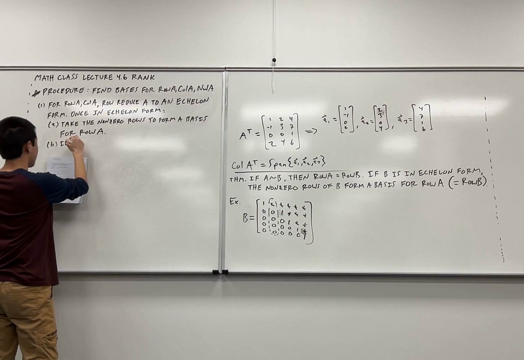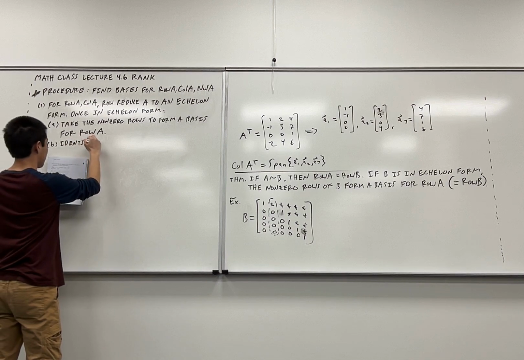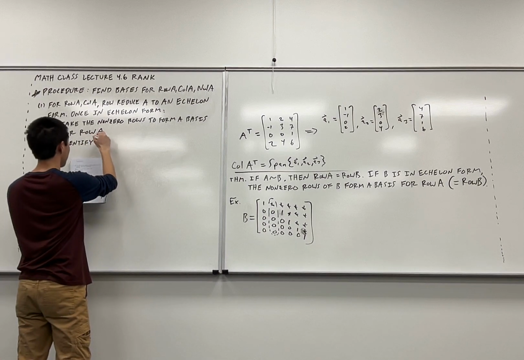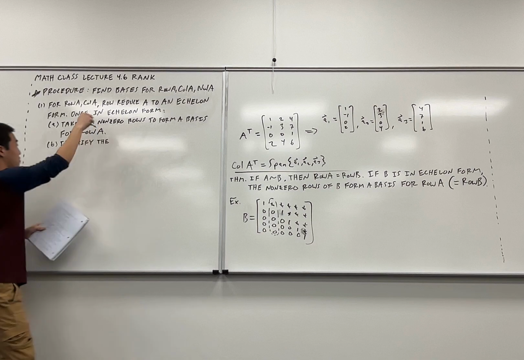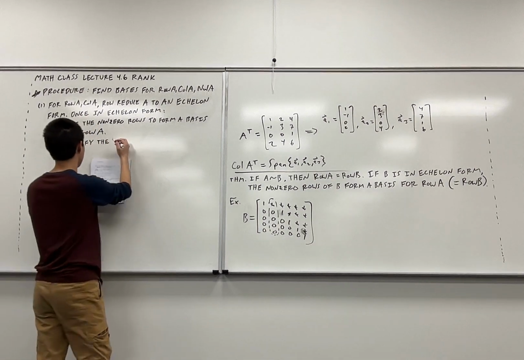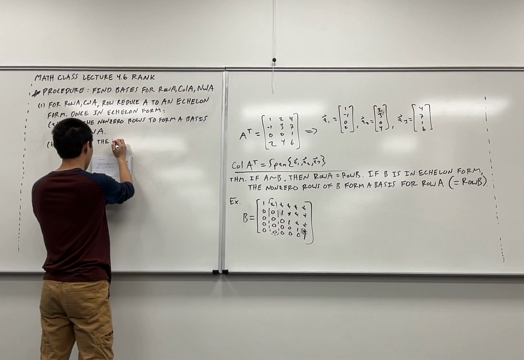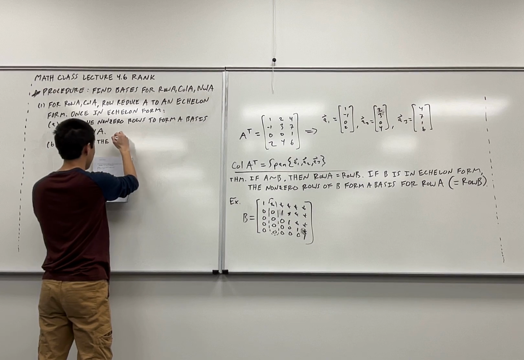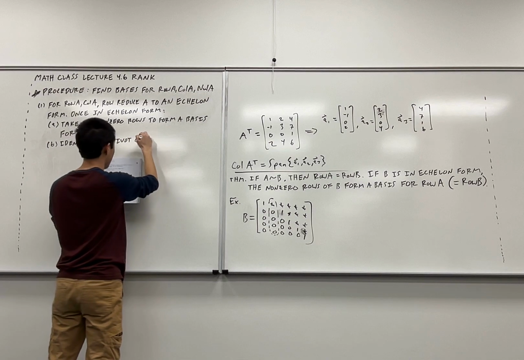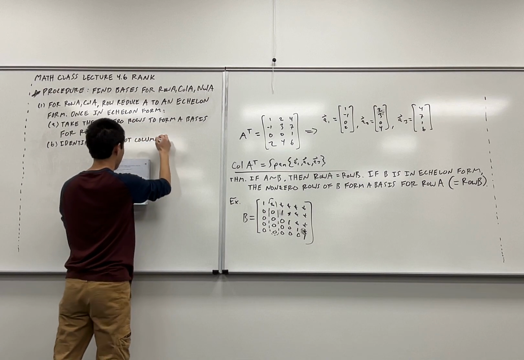Identify the pivot columns. Okay, yeah, so if this is for the row space of A, now we're going to talk about the column space. So we're going to identify the pivot columns. And this is a little bit of review because we did talk about this quite a bit.